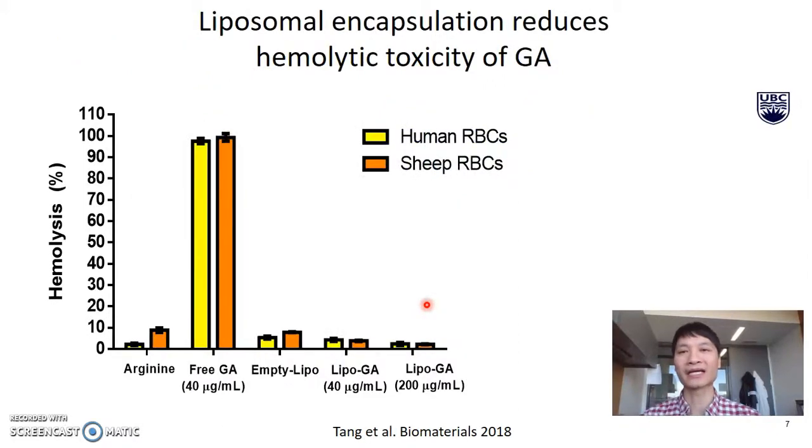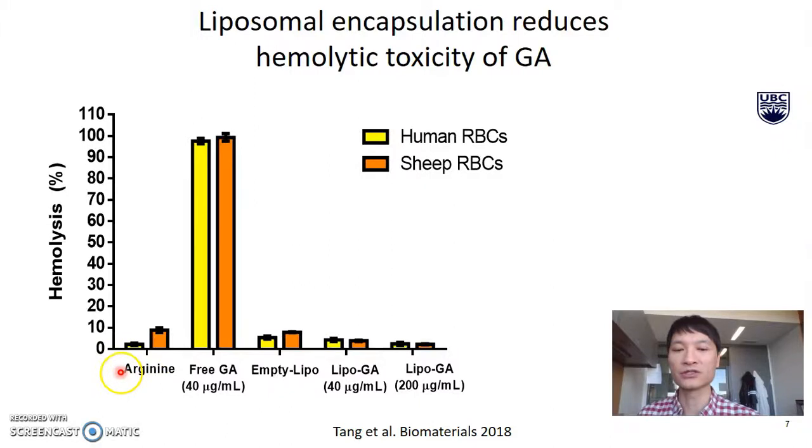As I mentioned, the drug has pretty high toxicity, especially during the IV injection. It really causes a lot of discomfort to patients. And also one of the indicators is hemolysis during the infusion. So a very significant problem. So our first study with the lipo-GA is to see that with the liposomal encapsulation, can we reduce the hemolytic toxicity of gambogic acid?